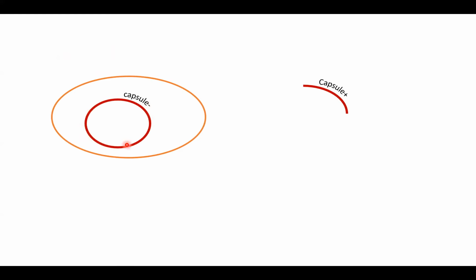So here we've got our capsule minus cell. It's got a mutant form of these polysaccharide synthesizing genes on it. It does not produce a polysaccharide coat. You'll see here, there's no polysaccharides surrounding the bacterial cell wall.